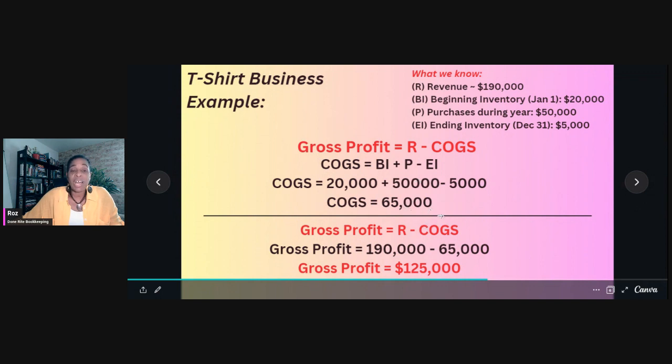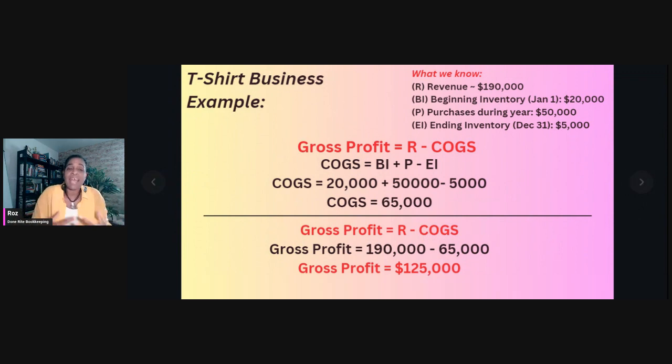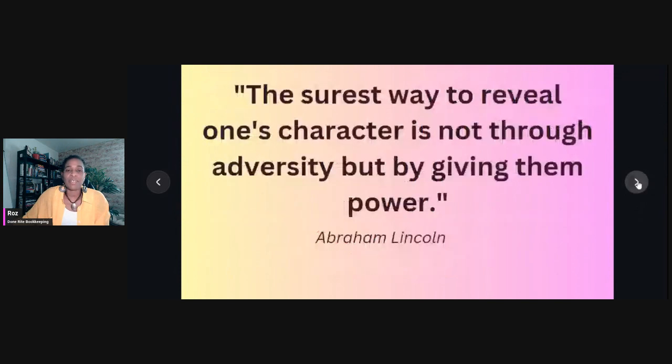That was 65,000, right? So when you do the calculations, that's 125,000 of profit that came in for this t-shirt business. That's what we have. So that's how you calculate your COGS and know your ending profit.